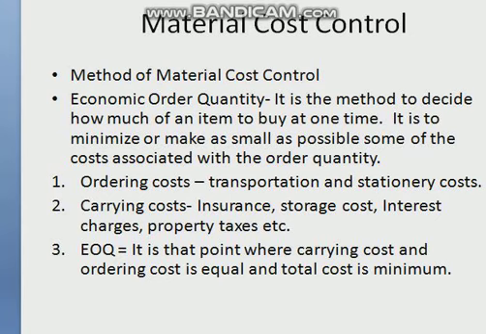Total cost is ordering cost plus carrying cost plus total purchase cost. Purchase cost is 27 into 18,000. Ordering cost per order will be 1000 into 150, so it amounts to 15,000, and carrying cost will be at 5.40.